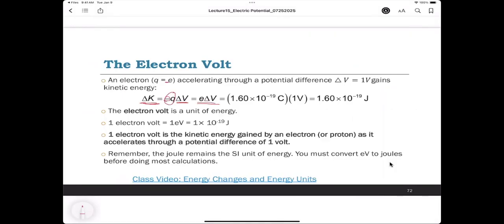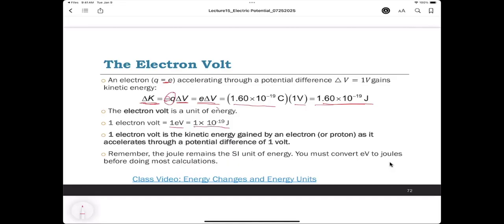It will be e delta V. So I think it just misses a negative symbol, and then you put e here and the voltage here, and the kinetic energy will be this. The electron volt is a unit of energy. One electron volt equals one e times one volt. It is just this one.